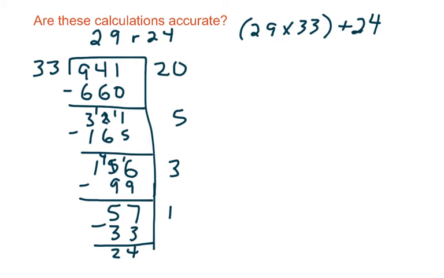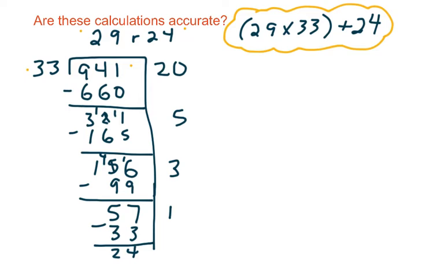Okay, let's try another. Are these calculations accurate? I have found that if I divide 941 by 33, I get a quotient of 29 and a remainder of 24. And so to check for accuracy, I'm going to use this expression.